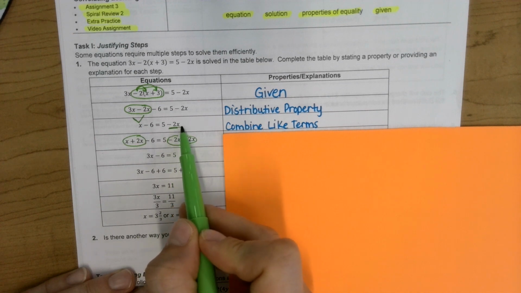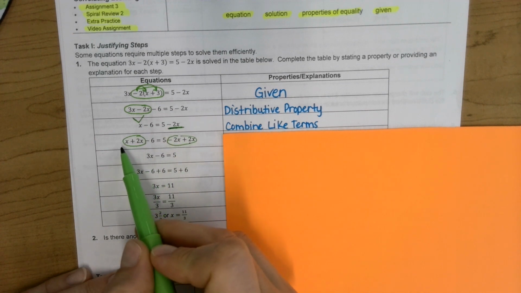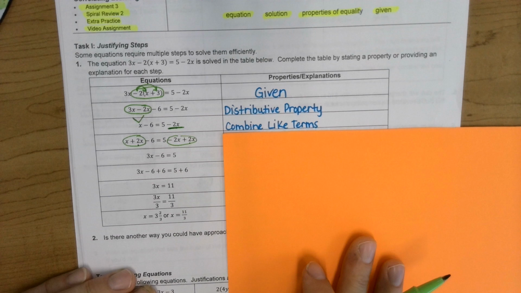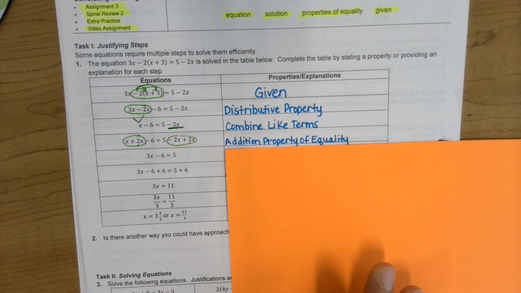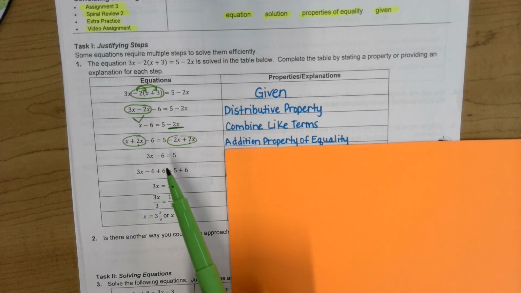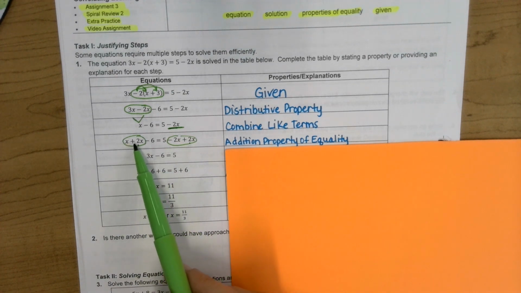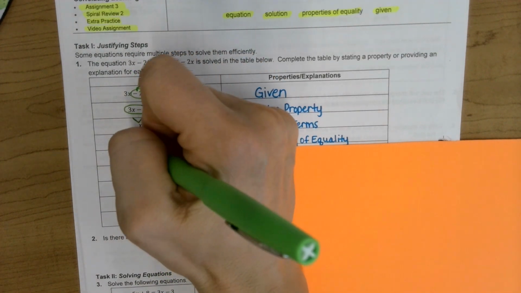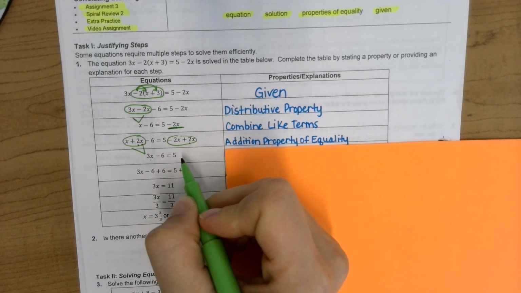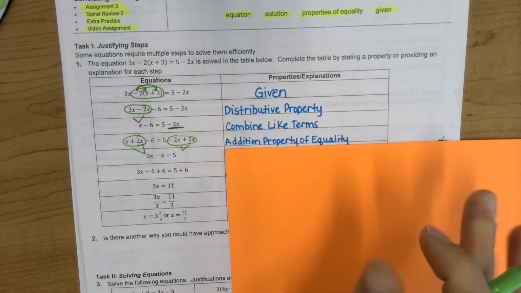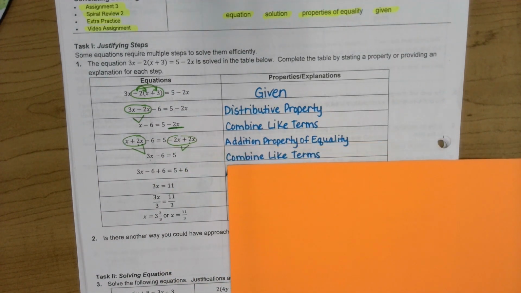So they're taking this negative 2x and they're adding it to both sides of the equal sign. So that would be the addition property of equality. Then I see that they went from x plus 2x and they got 3x. And then negative 2x plus 2x would be 0, so they didn't write anything here. So they combined like terms.